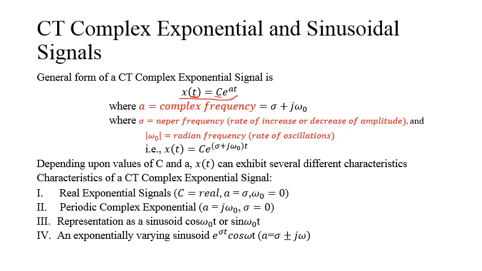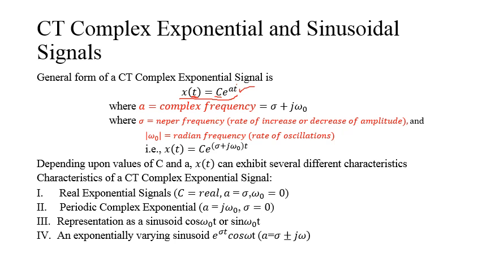Again, c and a are constants, right? So you also understand the role of the t here, right? Depending upon the values of c and a, different characteristics of the exponential signals can arise, right?